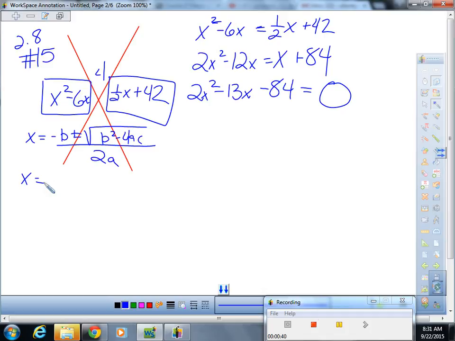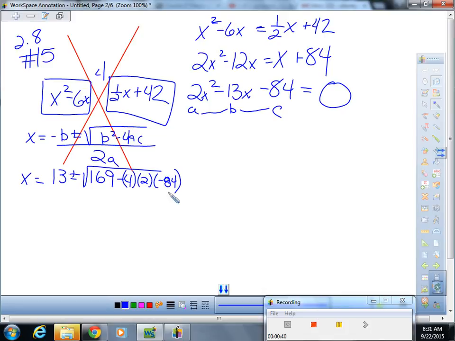Okay? So x equals, what's minus? Okay, first of all, this is our a, this is our b, and that's our c. So what's minus a negative 13? So 13 plus or minus big square root of 13 squared? Is that negative 169? No, because a negative times a negative is a positive. So minus 4 times 2 times a negative 84.